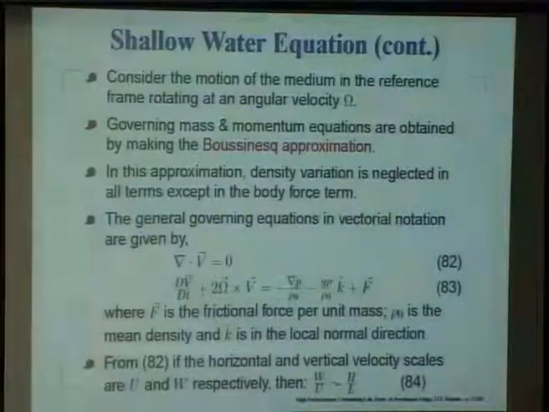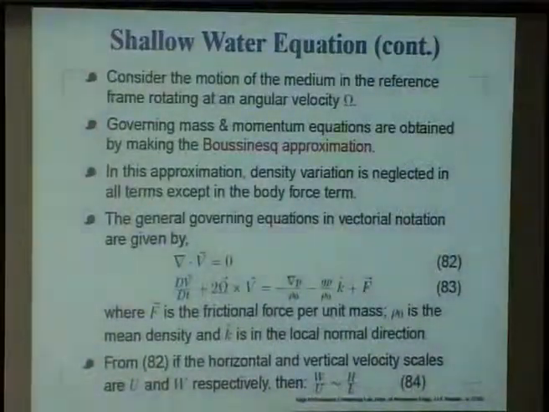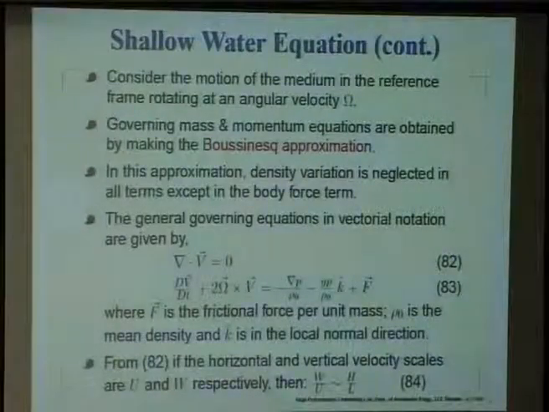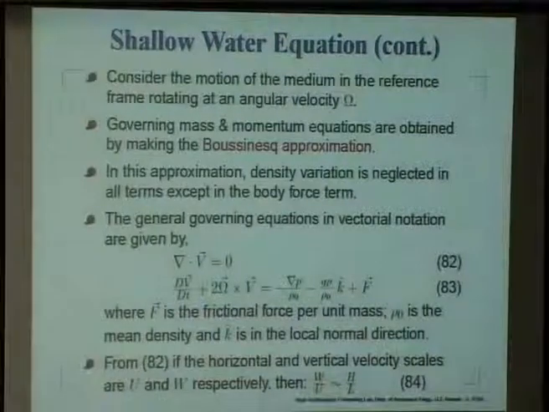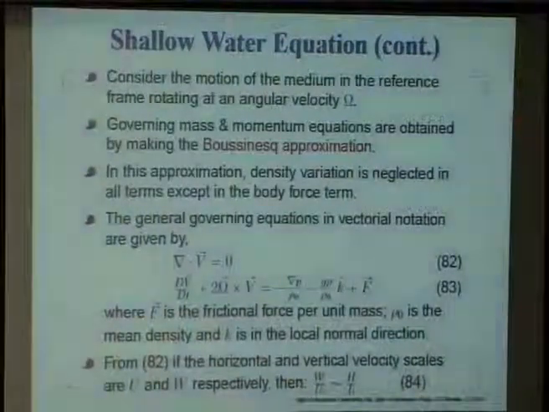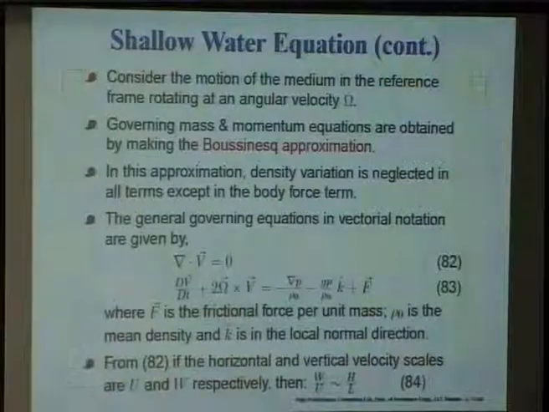That is why you have this Coriolis force term, 2 omega cross V. This omega is of course the rotation rate of the earth about the north pole, so that is a kind of constant.